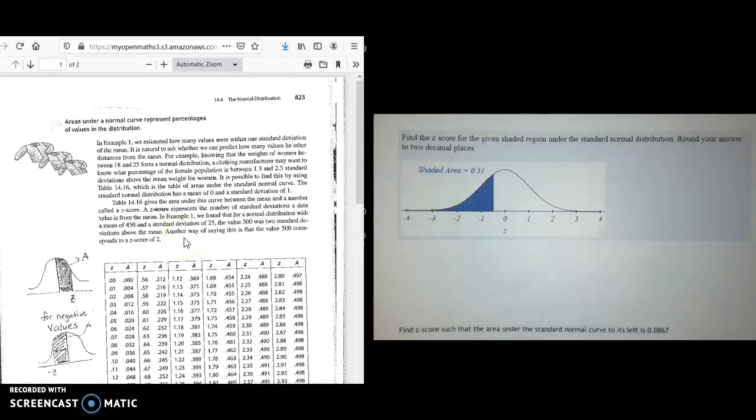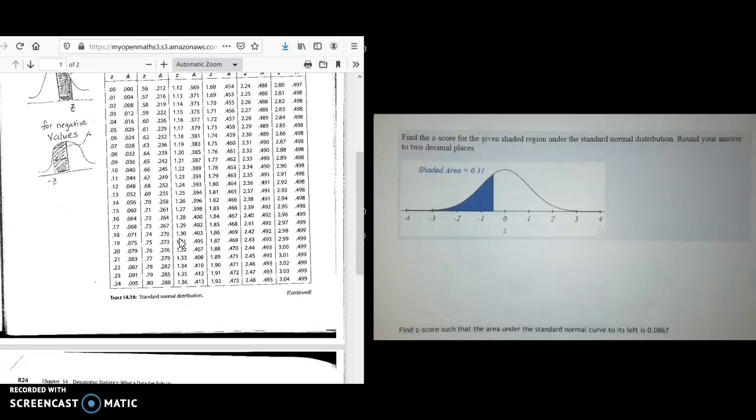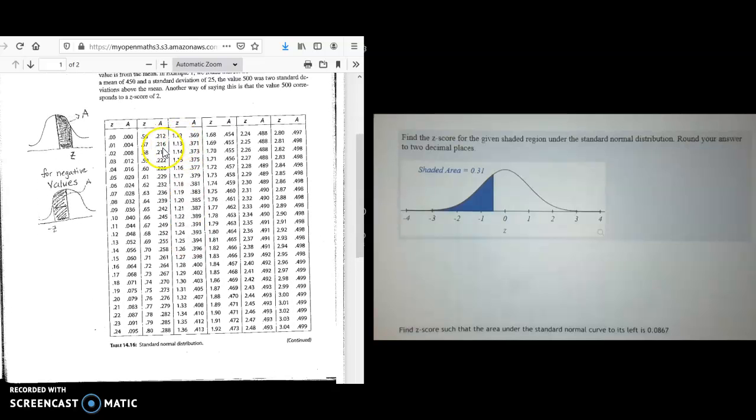When you click on it and open it up, it gives you a z-score and the area associated with that z-score from the mean to the z-score. So for example, the z-score is 1.12. So from 0 to z equals 1.12, this shaded area is 0.369.